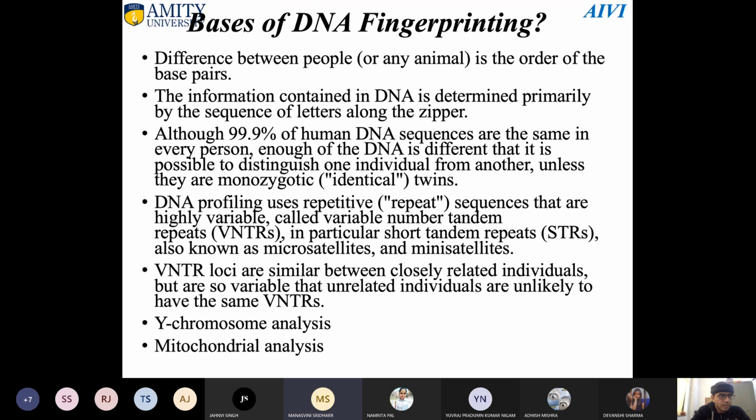Sir, is it 3 billion base pairs? It is 3 billion base pairs. Okay, so is it 3 billion or 6 billion? 6.4 billion. Whenever you are referring, we refer to only one set of the chromosomes. That's why it is 3.2 billion. But actually, you have two sets of chromosomes.